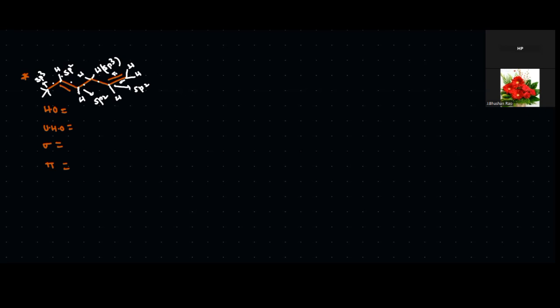Now, how to identify the hybrid orbitals directly by using this? First write number of sp3 carbons, 2 sp3 carbons. Okay, 2 sp3 carbon atoms. Plus how many sp2? 1, 2, 3, 4. 4 sp2 carbon atoms.